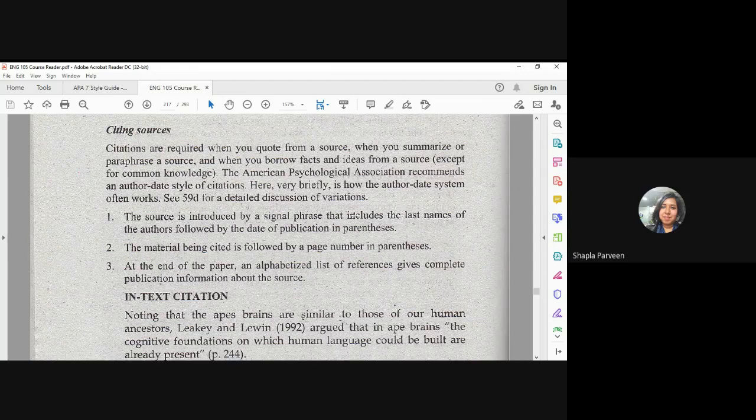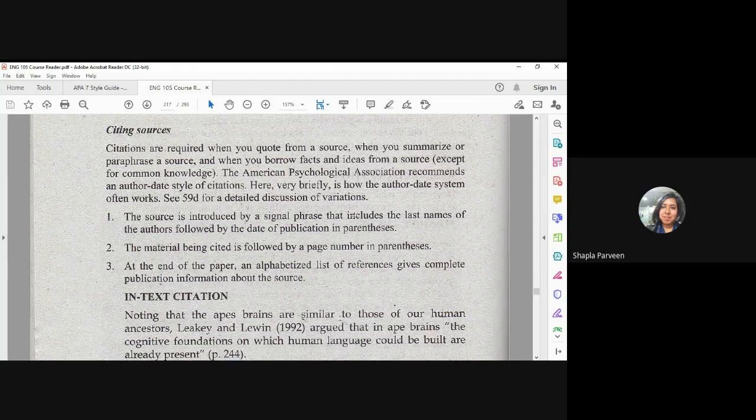So when you paraphrase something, it can be shorter than the original, it can be the same length as the original, or it can be even longer than the original. If you paraphrase a paragraph from the original, it can be shorter, the same length, or longer than the original source.